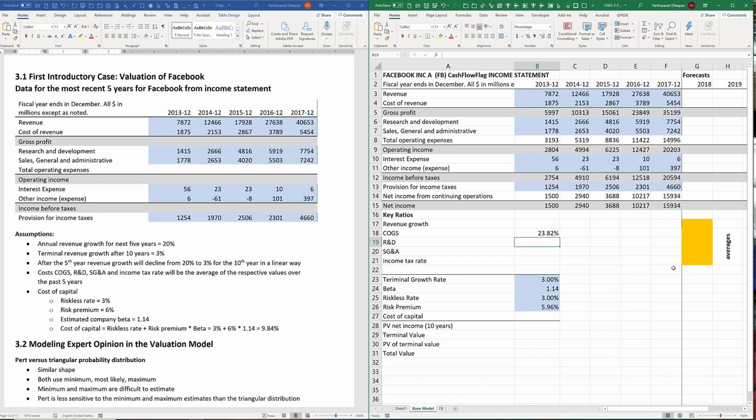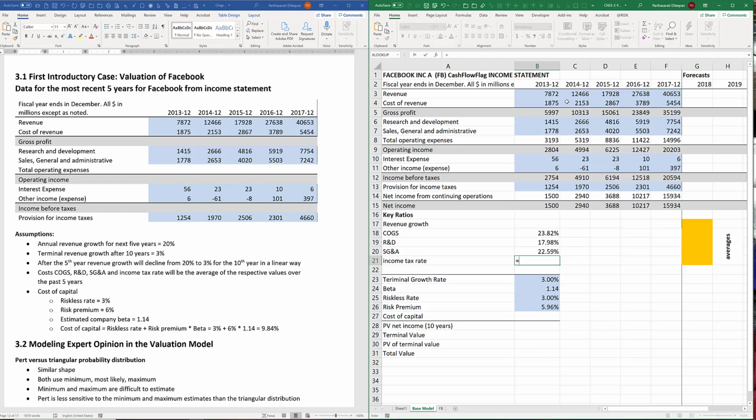That gives us the percentage of cost of goods. And then research and development divided by revenue will give you R&D as a percentage. And then sales divided by revenue, again that gives us the percentage.